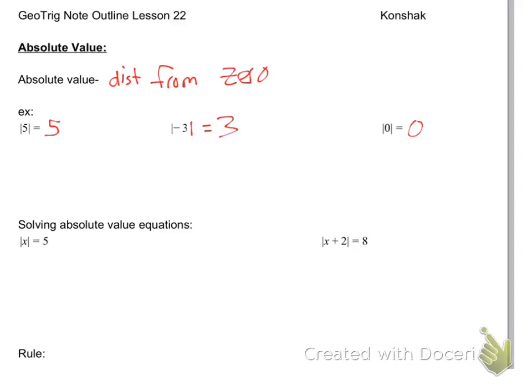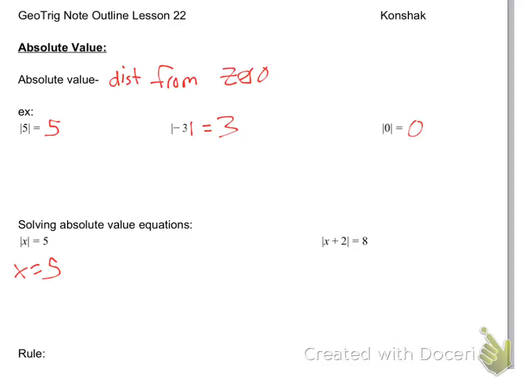But now we're going to start moving into solving absolute value equations, which means I need to find the numbers that make the equation true. Here's the thing. Absolute value of some number is equal to 5. What's the answer? 5. Sure. X equals 5.